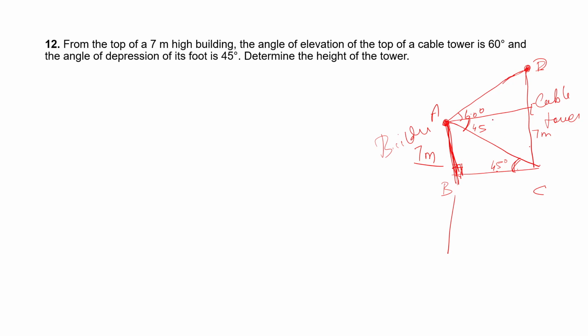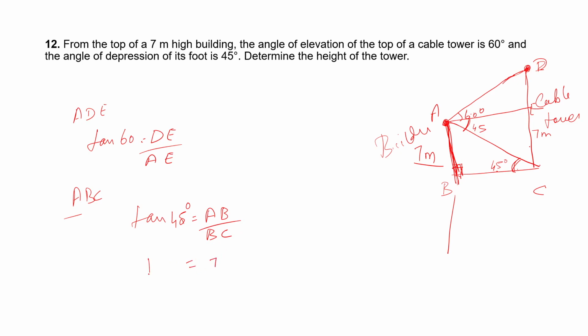Okay, I'll take triangle ADE. So tan 60 is DE by AE. Here I have mentioned E. Then another triangle, let me take ABC. In this, tan 45 is AB by BC. AB is 7, so BC is equal to 7 because tan 45 is 1. So BC is 7 means AE is also 7.